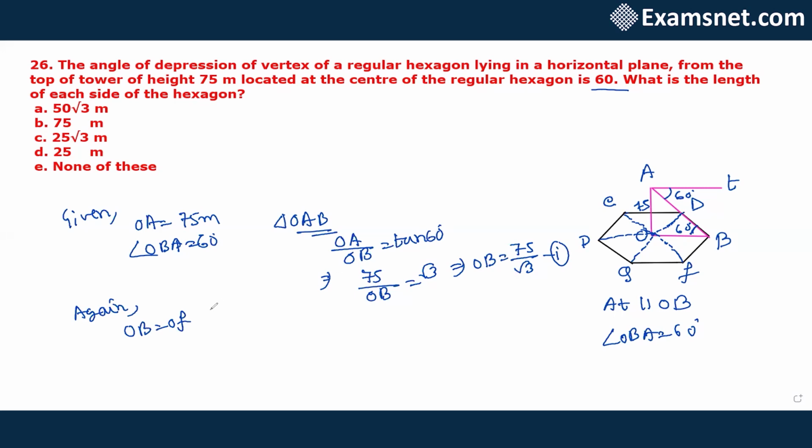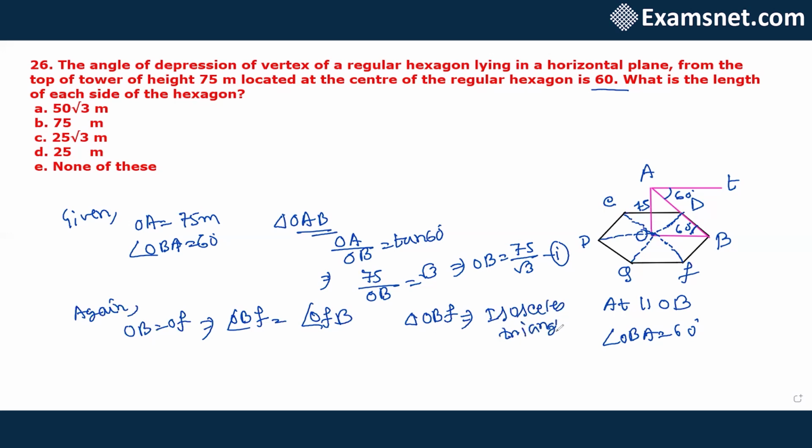That implies the angles opposite to equal sides will be equal, so angle OBF equals angle OFB. So the triangle OBF becomes an isosceles triangle.